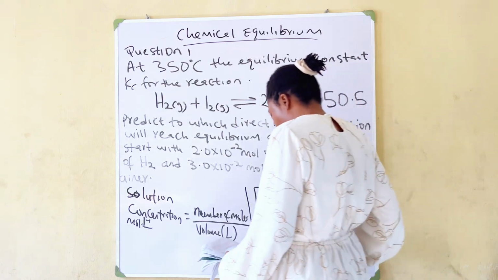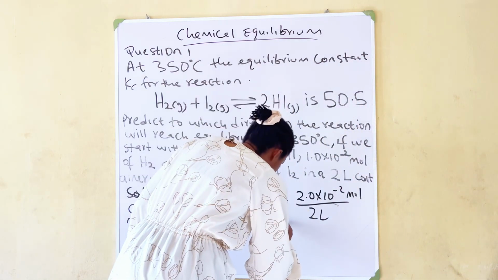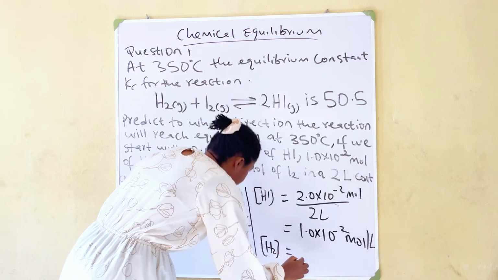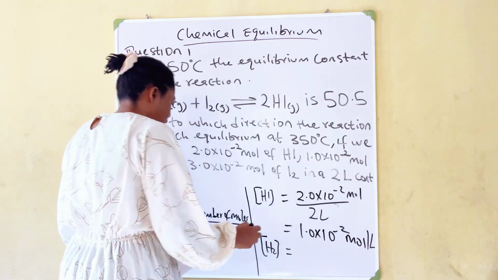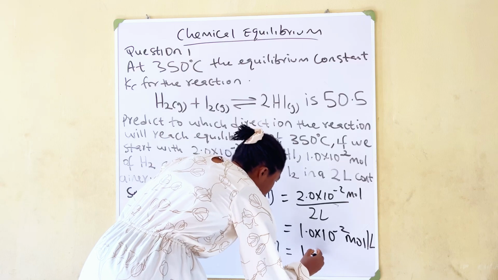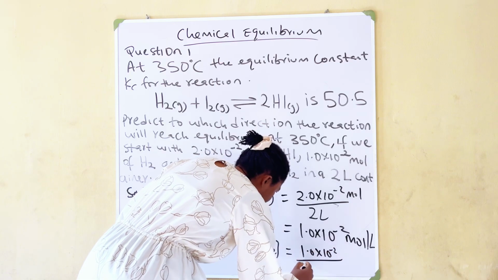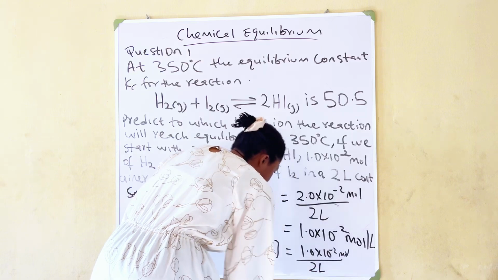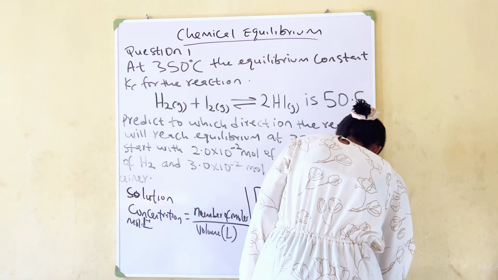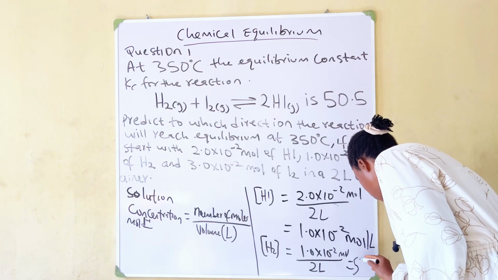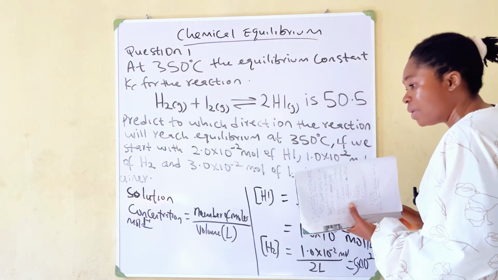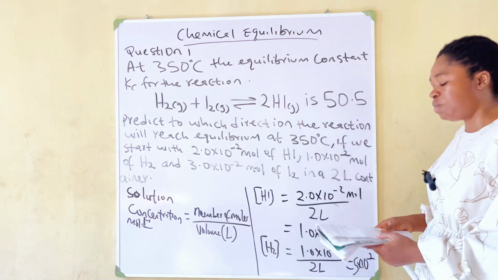So the answer is going to be 1.0 times 10 to the power minus 2. For hydrogen gas, we have 1.0 times 10 to the power minus 2 mole divided by 2 liter, so the answer would be 5 times 10 raised to the power minus 3. Alright, I'll begin the board so I have a space to solve this.